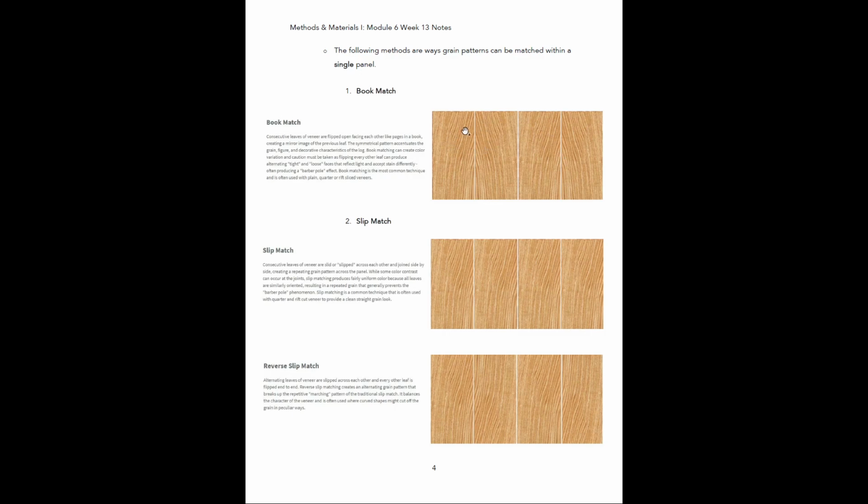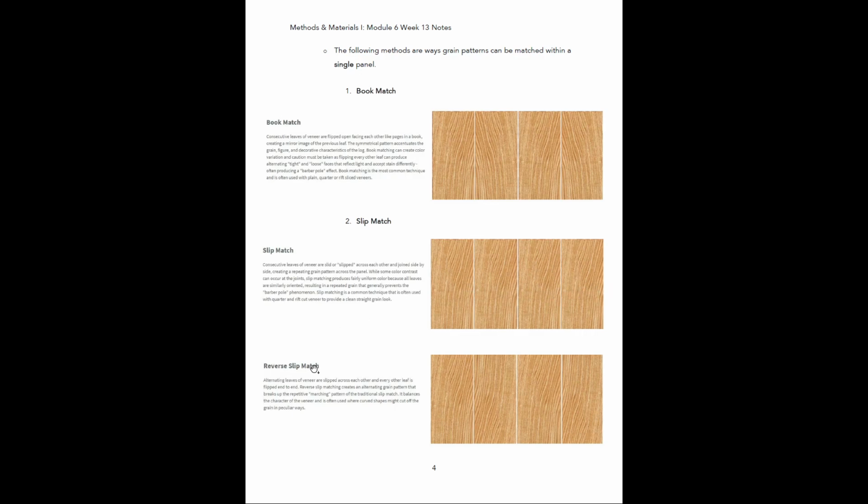The second thing you can do is what's called a slip match. This is where you do the same thing as you're seeing up here, where we cut this into four separate little panels, but instead of flipping this back on itself like a book, so we have this symmetry, we're just going to keep them all in the same orientation.